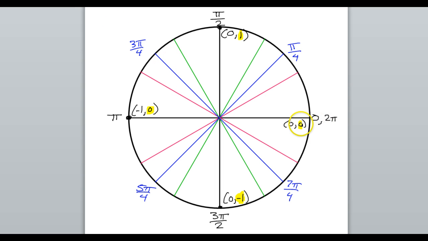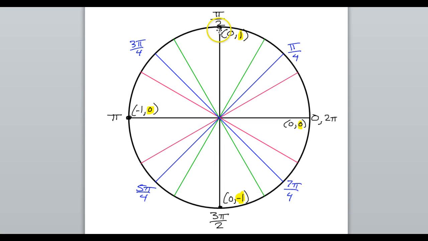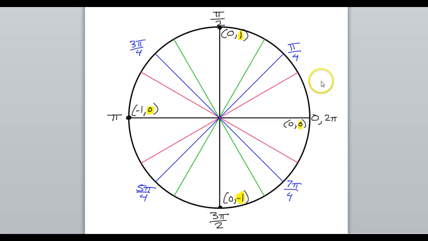So at 0, the value of sine is 0. At pi over 2, we're up here at 1. And then at pi, the y value is back to 0 again. So it went up and came down to 0.